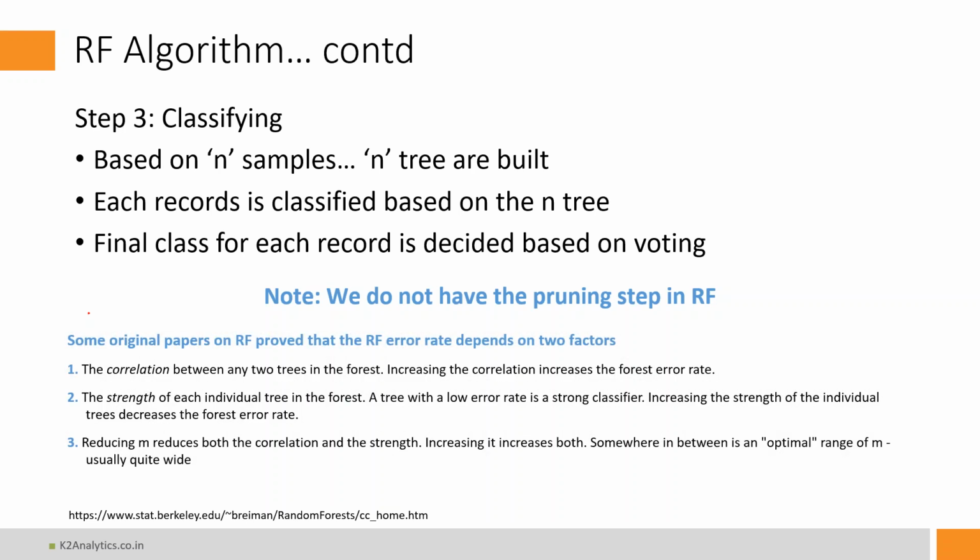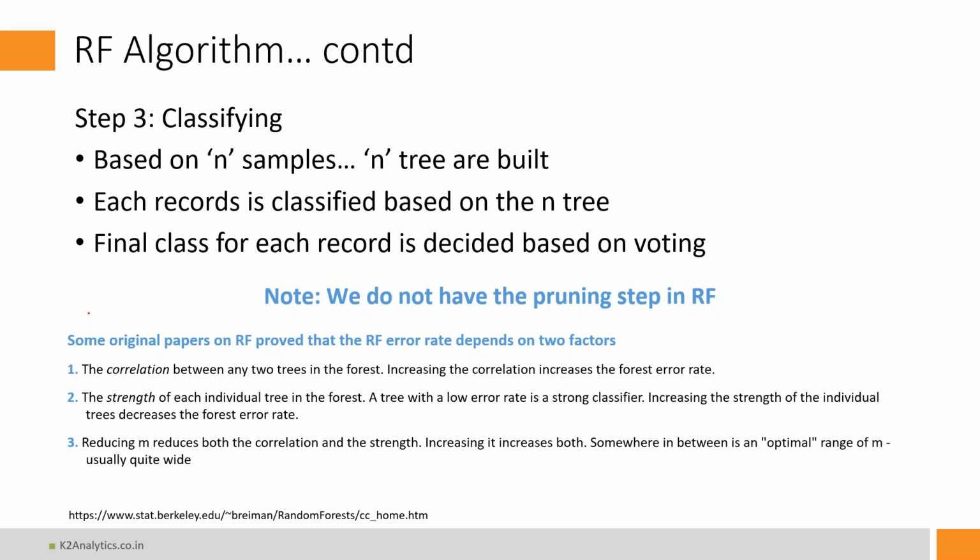There are certain original papers on random forest technique. What they suggest is that the classification error of a random forest model depends on two factors, not two parameters, depends on two factors.